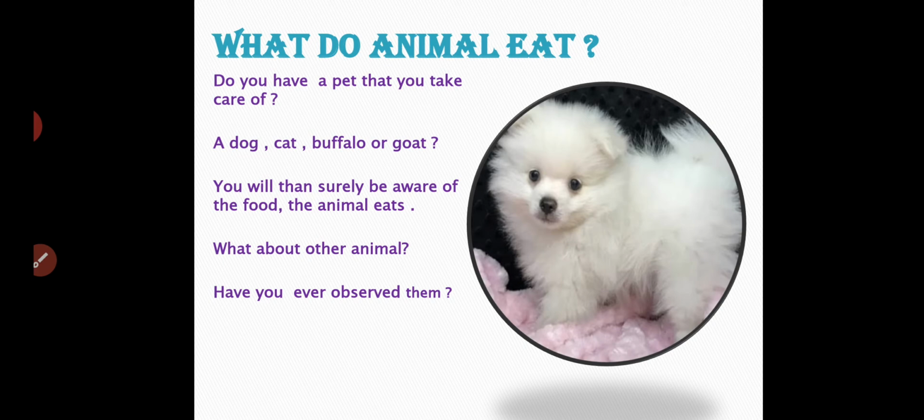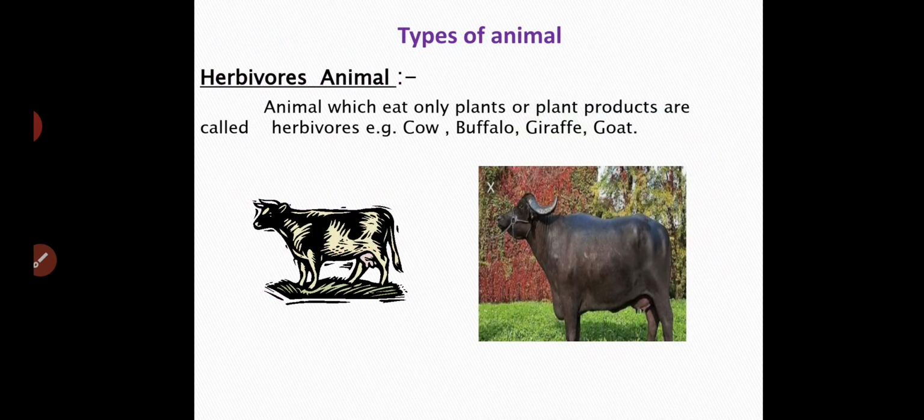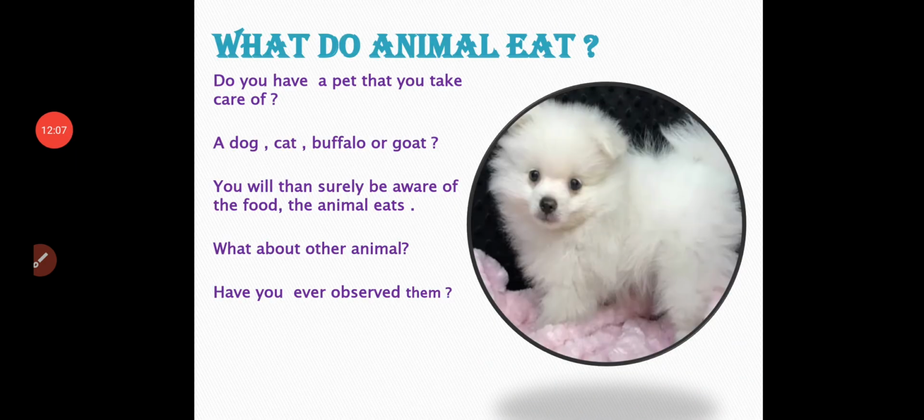These questions will arise if you have an animal in your home. Suppose some animals are there in your surroundings, then we will observe what food they are eating. Suppose in our area some dogs are there, what are those dogs eating? Sometimes you give roti to them, they eat that.